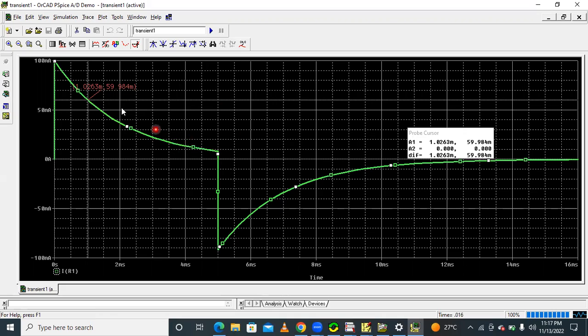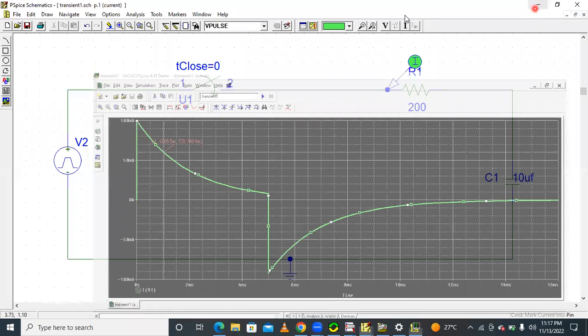So this is the expression: the current decreases exponentially and finally settles to 0. The current changes from 0 to 5 milliseconds only, because our pulse width is 0 to 5 milliseconds only. That's why the current slowly decreases exponentially.